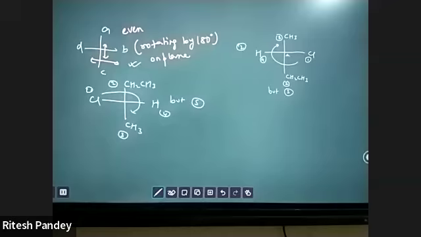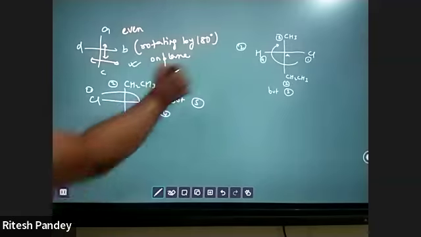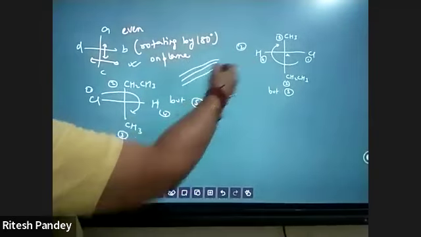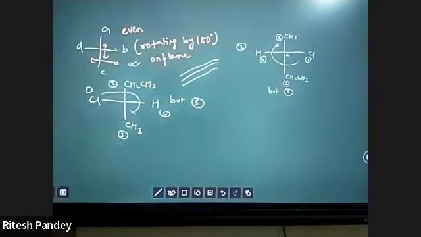This is an allowed playing around with the Fischer projection, which means these two are identical. Whenever I say this is allowed, this means the two are identical.